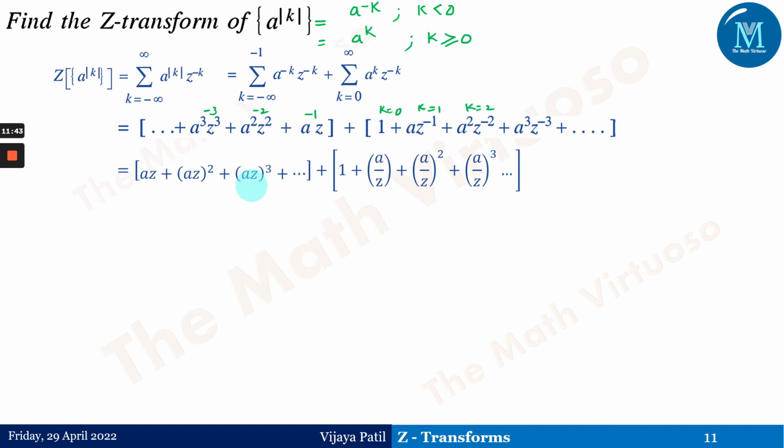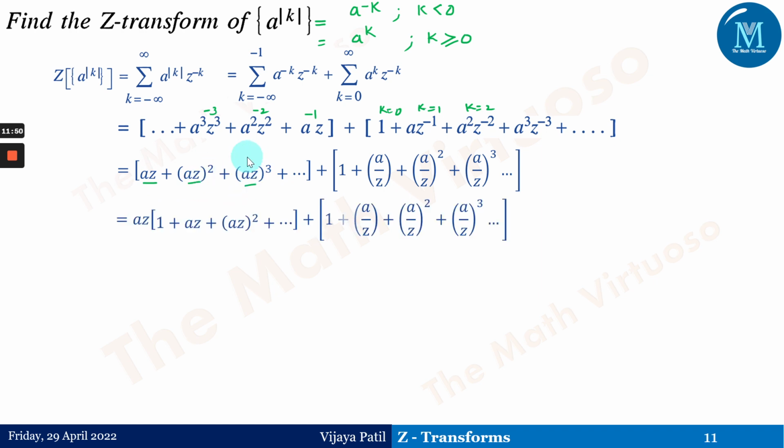Again, if we rewrite this, we get something like this. If you observe, az is a common factor from all of them, so we can easily take it out. We have the series 1 plus az square, and similarly the other series is 1 plus a by z the whole square, and so on.